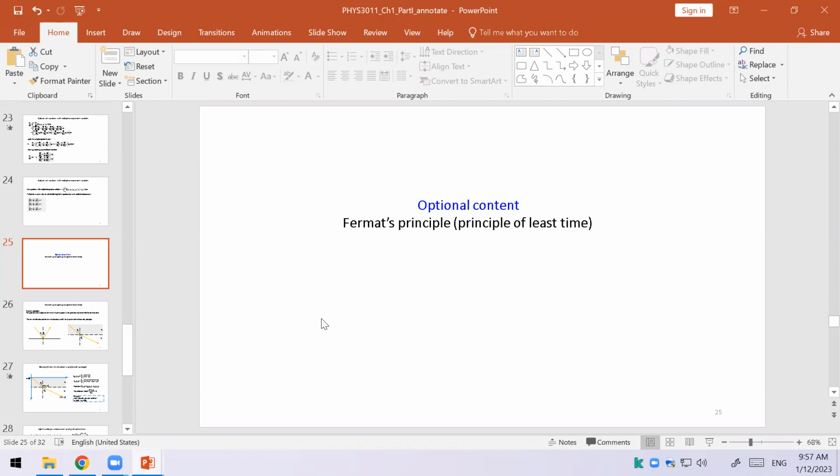If a ray of light hits a mirror, it will get reflected. If a ray of light goes from air to water, it will have refraction. So you know this basic propagation, reflection, and refraction.